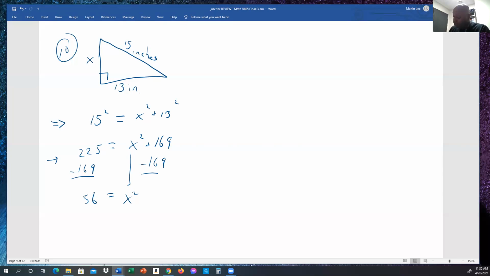And now we take the square root of both sides. So I have the square root of X squared equals the square root of 56. This gives me X equals the square root of 56. They say write your answer as a whole number or a square root. But since there isn't one number times itself that'll give you 56, you want to leave your answer as the square root of 56.